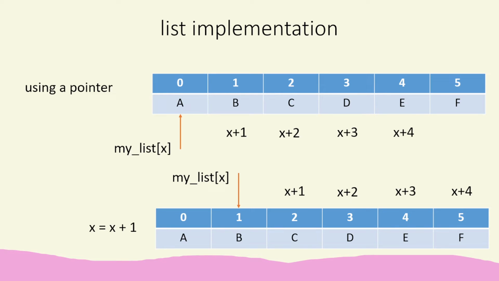Now, instead of deleting A in the list, we can just add 1 to the pointer, and we can still carry on accessing the next item, which would be C, then D, then E, then F, although we're not actually removing the item. So this is just an example of how we might implement some code.